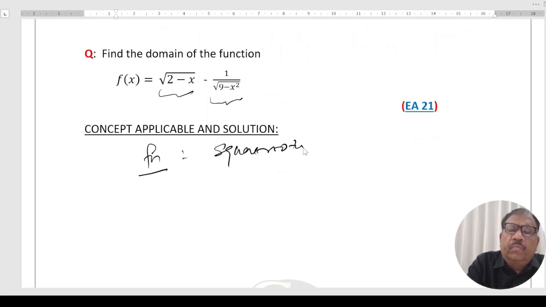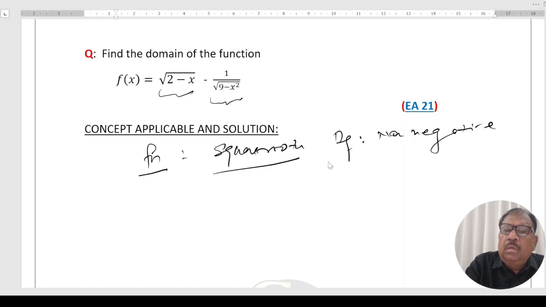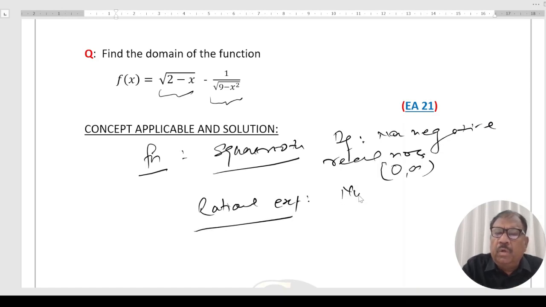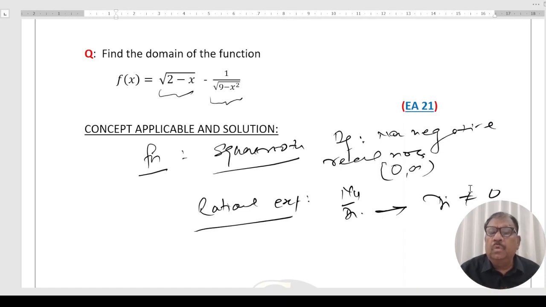Its domain is non-negative real numbers, that is 0 to infinity. Another is a rational expression, where the numerator is over a denominator. For it to be defined, the denominator should not be equal to 0.